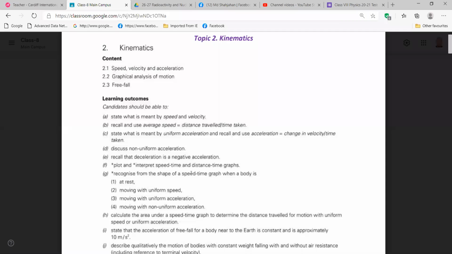Then the formula of velocity will be the same: distance traveled, yeah, distance towards a particular direction, right? So if it is distance towards a particular direction, that one has another name, that is called displacement.